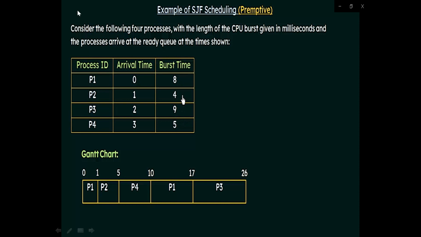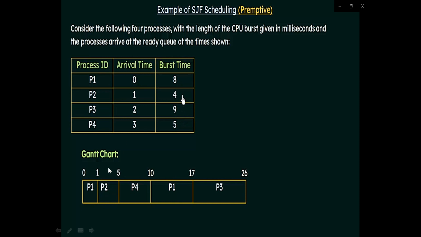Now the burst time of P2 is 4, so P2 executes till 5 units of time. After 3 units of time, P4 also arrives.